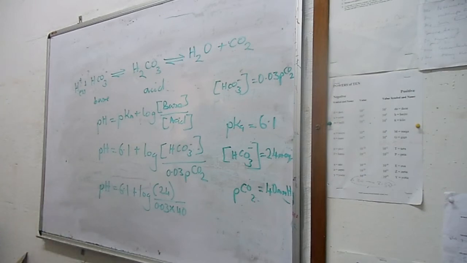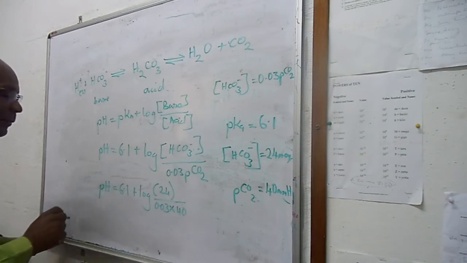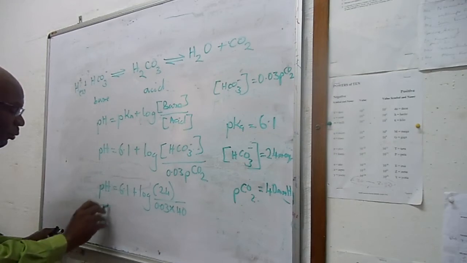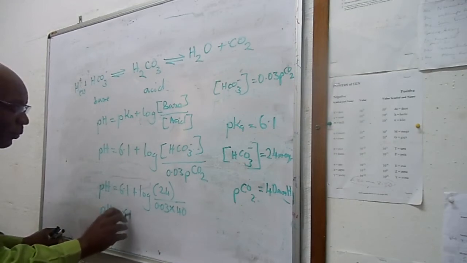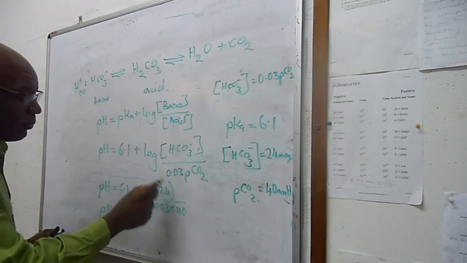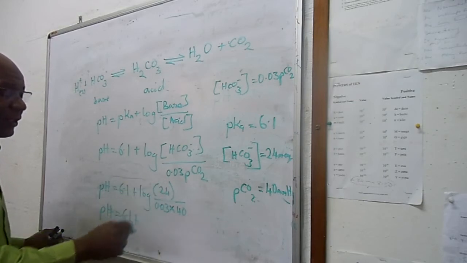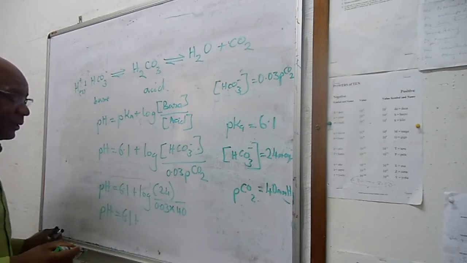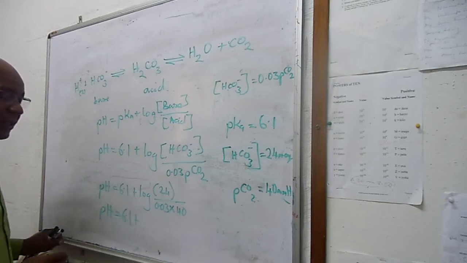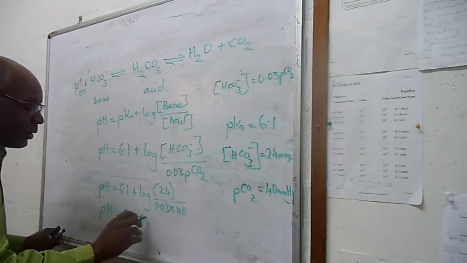If you do your calculations well, you have 6.1 plus log of 24 divided by this. Do your calculation, and then you find the log. I'm sure it will give you 1.2.